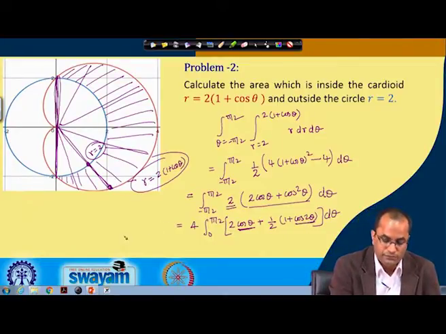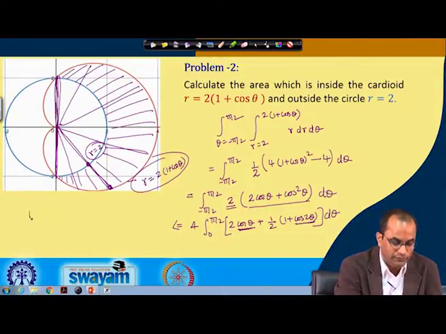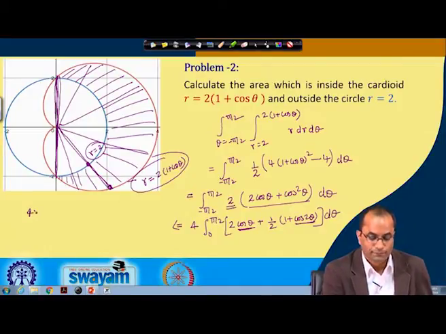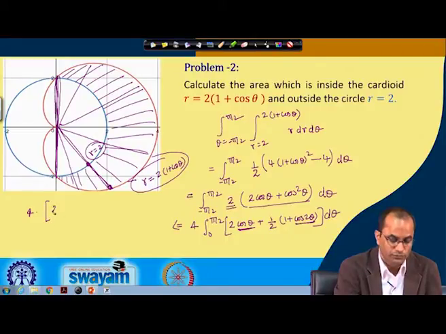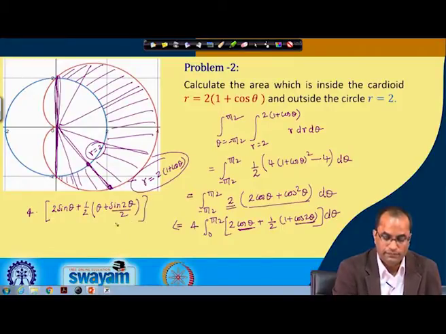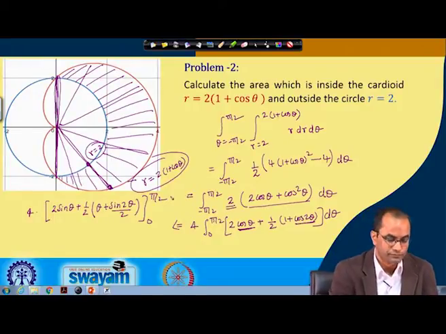So, if we compute this now, we will get 4 times, with the limits 0 to pi by 2, 2 sine theta plus half of 1 d theta, that is theta, plus again sine 2 theta by 2.